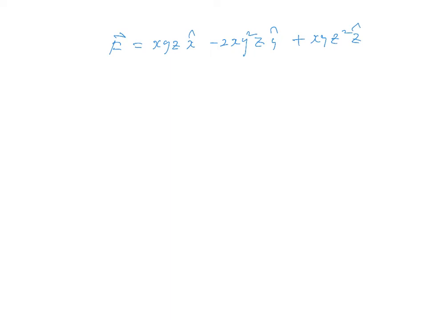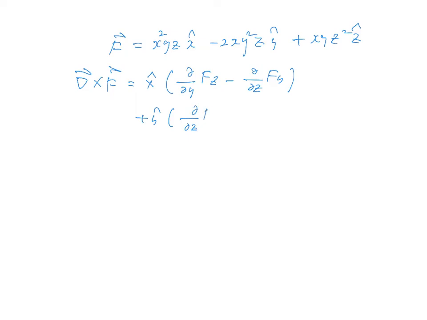Again, curl f: the x component is partial y of fz minus partial z of fy, the y component is partial z of fx minus partial x of fz, plus the z component is partial x of fy minus partial y of fx.